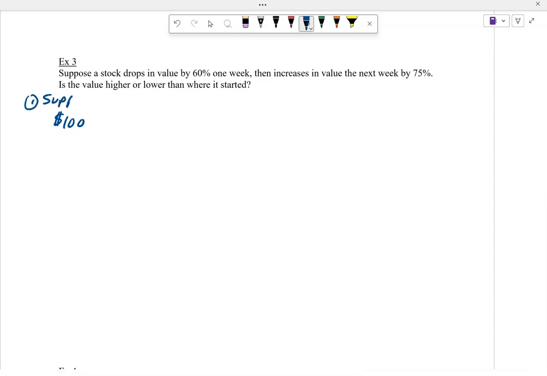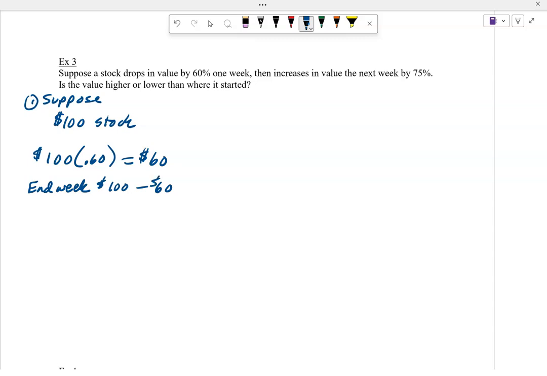Well, if it goes down by 60%, 60% of $100 is $60. So at the end of week 1, we went down $60, 60%. Now I'm at $40 at the end of week 1, right?